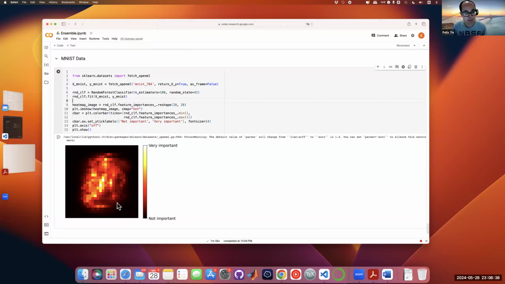What is important is everything inside, in the center of the images, because all the digits are in the center of the images. So this also verifies our intuitions about the MNIST data set.